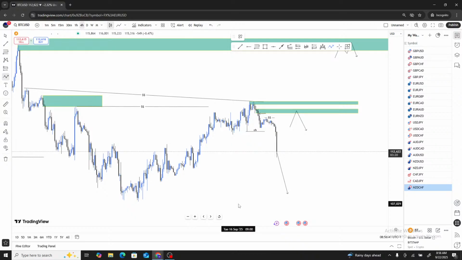Price is usually not in a straight line. It makes impulse movements and corrections.